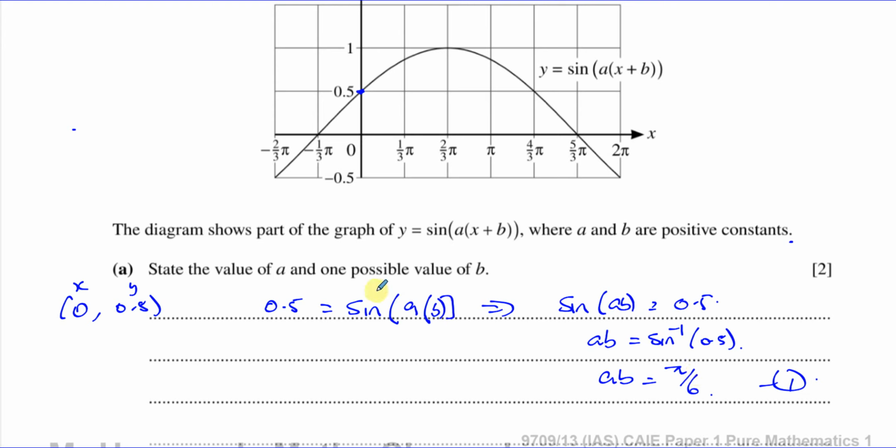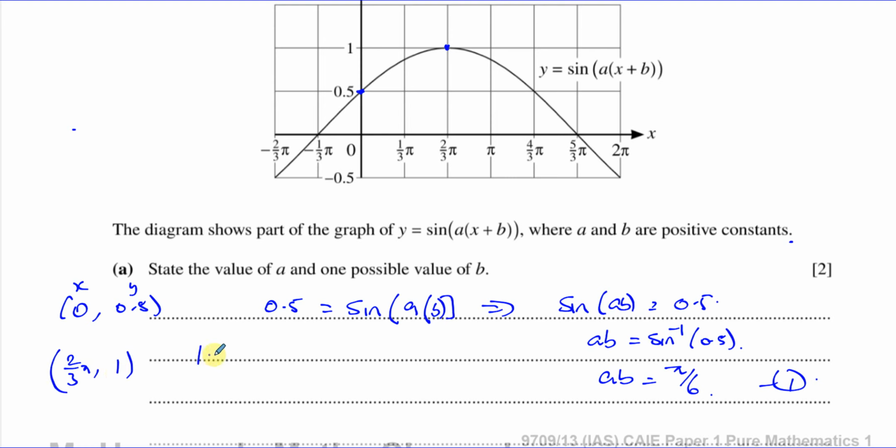Okay, good. And another point I could choose, for example, is this point over here. I could even choose these points, by the way, as well, if I wanted to. That would also work. But let me just choose this point over here, which is 2/3 pi for x and 1 for y.